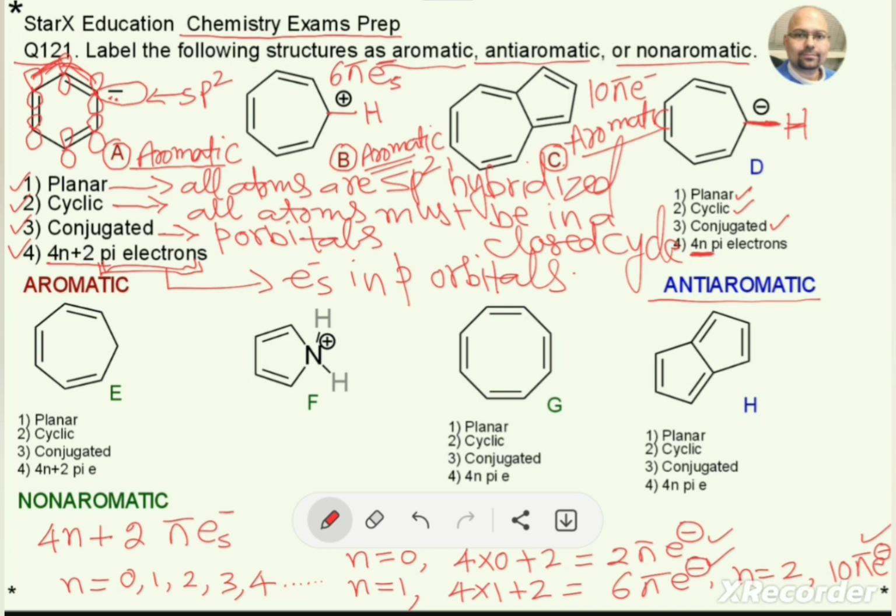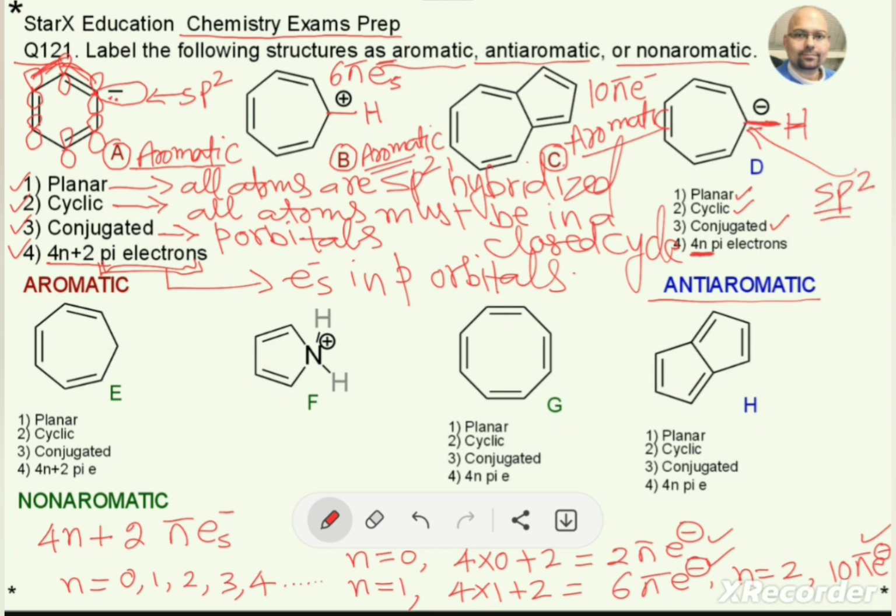Because if this is sp3 hybridized, then the molecule will no longer be planar. If it is sp2 hybridized, then the molecule will be planar. And it turns out that this is in fact sp2 hybridized.